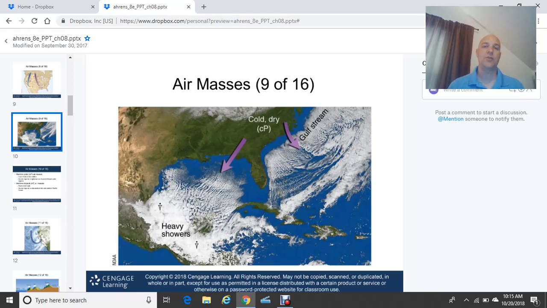If you look off the east coast of the United States in this image, you definitely can see, by the direction of the purple arrows, the general wind flow as that cold, dry continental polar air mass comes off of the United States over the relatively warmer waters of both the Atlantic and the Gulf of Mexico. This forms what's typically known as cloud streets, and you'll see all these clouds, and you may have some showery precipitation out over the water when this occurs.